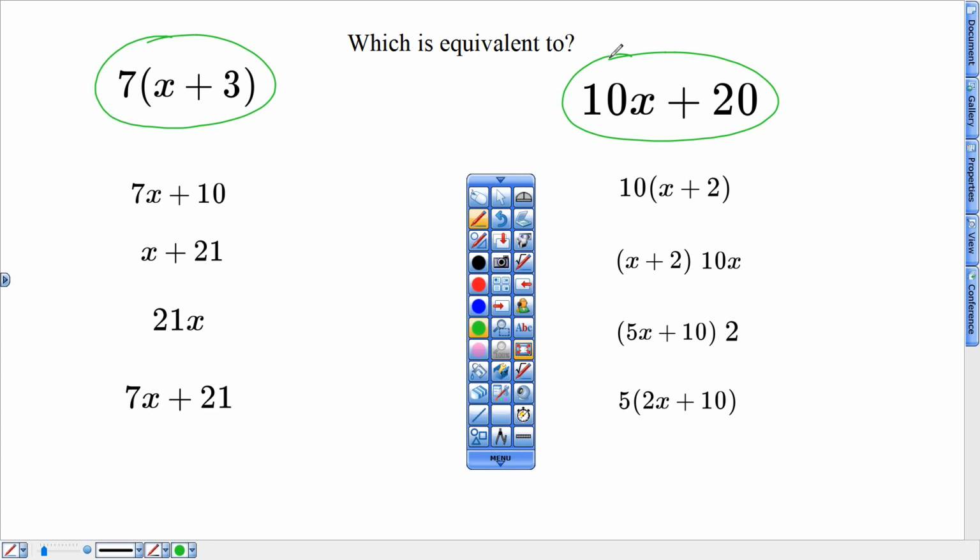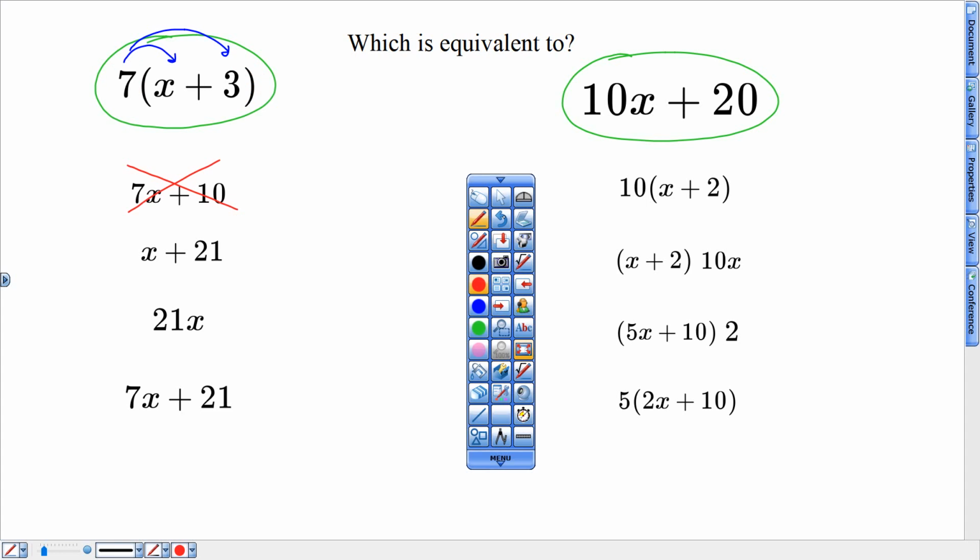So again, 7 and then parentheses x plus 3, that means I'm going to be distributing 7 times x and 7 times 3. So you can see this one, 7 times x, good, but then adding 7 plus 3, common mistake, adding these two numbers, that would not be equivalent.